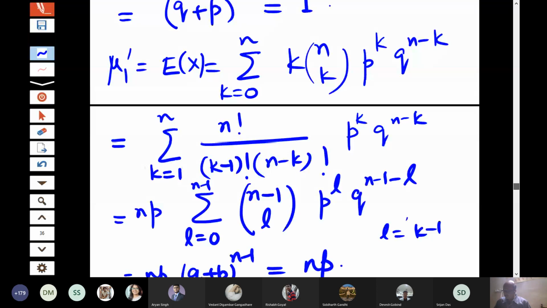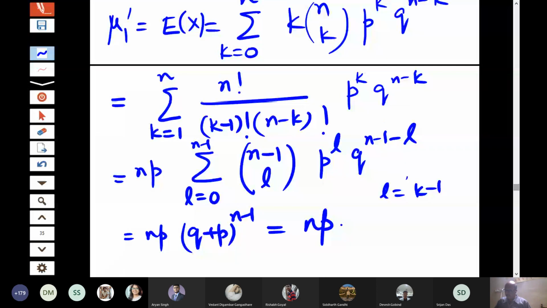Now, this way of writing down the calculations also gives you the idea how to calculate higher order moments. If I want to calculate mu2 prime, I will get k square here, and I will not be able to cancel that. So we resort to what I defined earlier as factorial moments. In place of k square, if I consider k into k minus 1, then the calculation can be done easily.